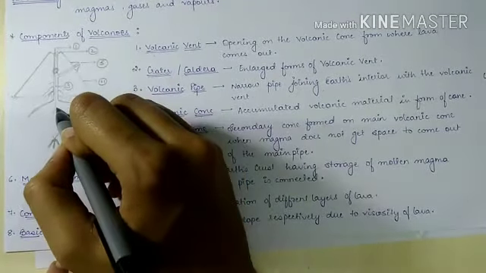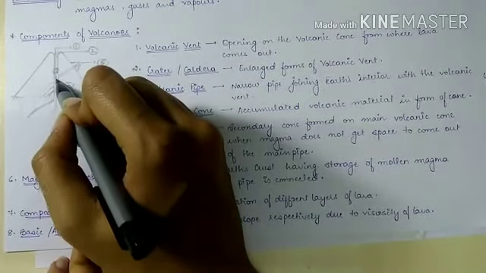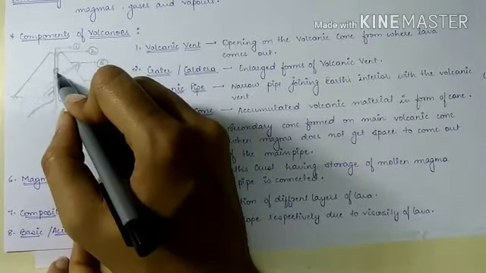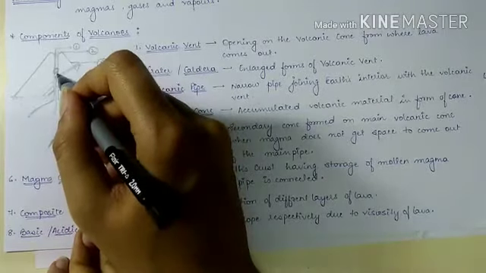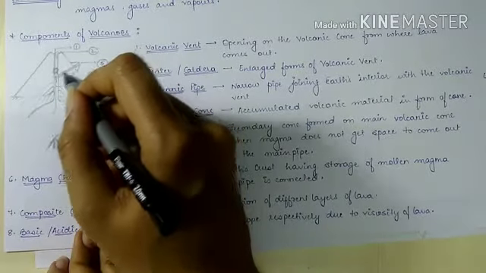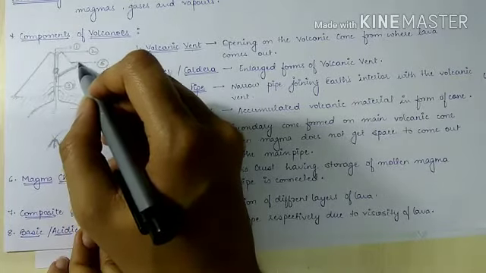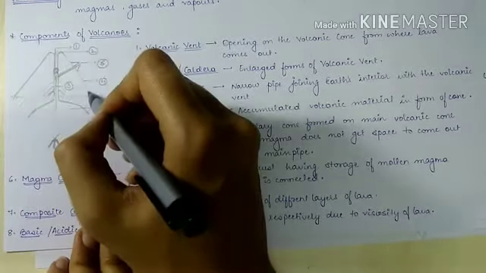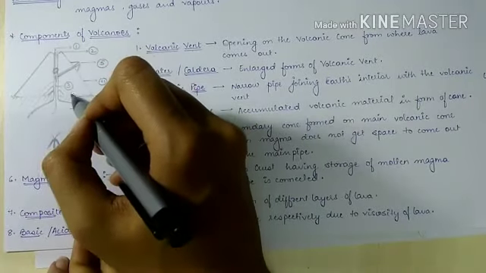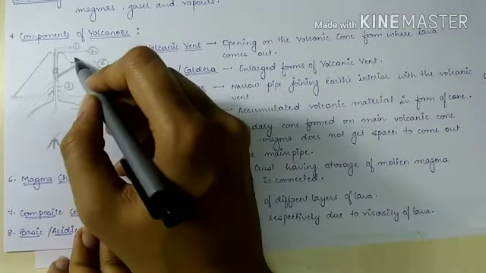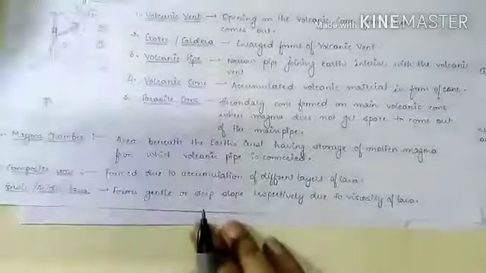So the magma will put pressure on this pipe. Wherever there is a loose area, from there a new pipe will be formed, and this pipe will form a small cone on this mother volcanic mountain, and this cone will be known as parasitic cone. This is a secondary cone.